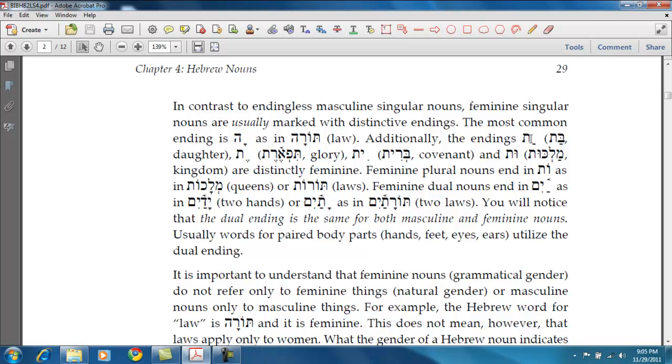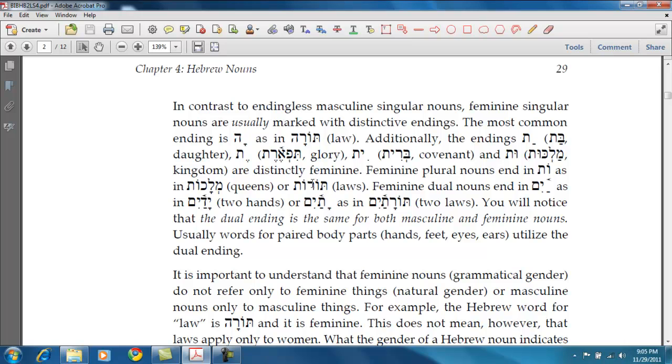And so at, et, eat, and ut are feminine endings telling you that there's a feminine singular noun. Now, the feminine plural nouns end in ot, the holem vav tav, as in melachot, queens, or torot, laws.